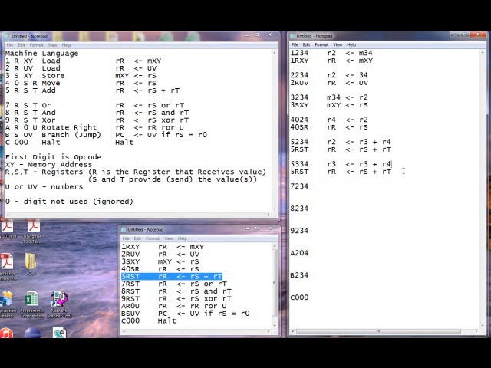We can even go one step further than that. Let's just do one more example here. Let's say we have 5, 3, 3, 3. And again, using this pattern approach, register 3 is going to receive the value that we get by adding register 3 plus register 3.